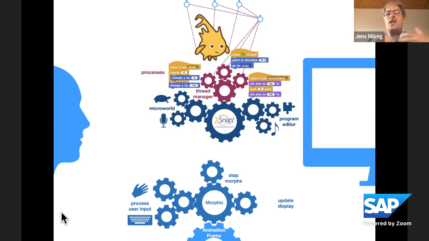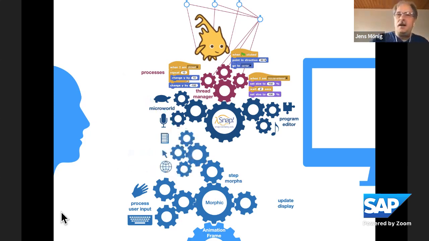When we're stepping through morphs, this is when the system comes alive. This is, for example, when we control things like a menu, like there's a representation for the mouse pointer, but not just the pointer, because if you drag something, if you drag a block, if you drag a figure, the mouse has the notion of becoming a hand. And there are other system components in that morphic world, as we say.